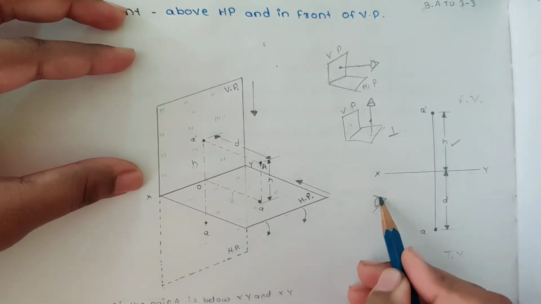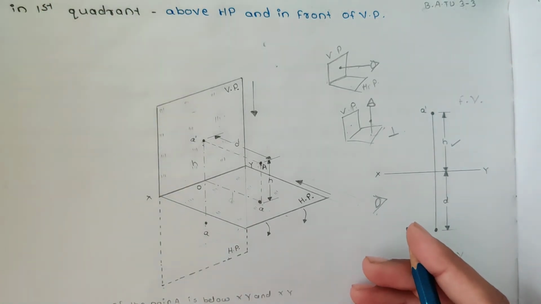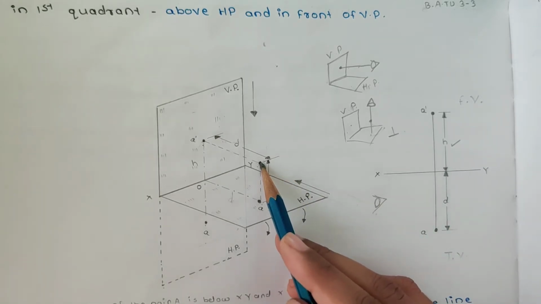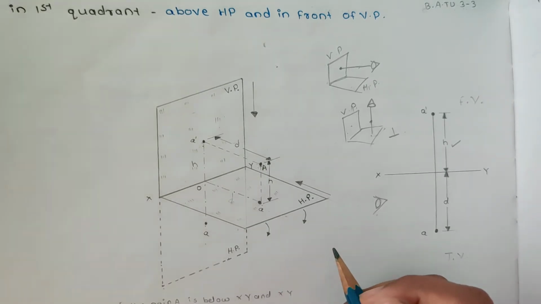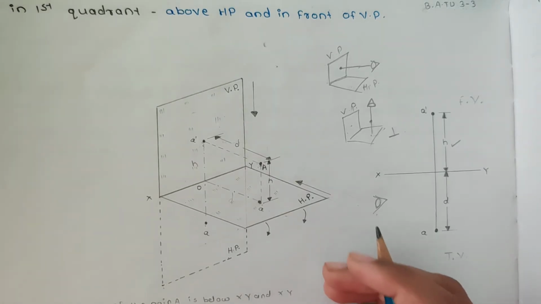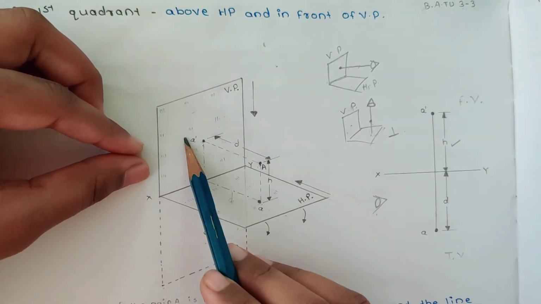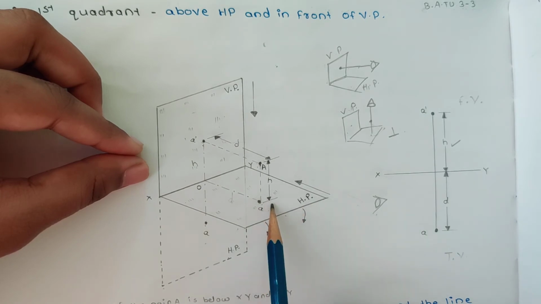Suppose you are looking at an object, for example, and your eyes are looking at that particular object. The rays of your eyes are exactly perpendicular to the vertical plane and parallel to the horizontal plane.